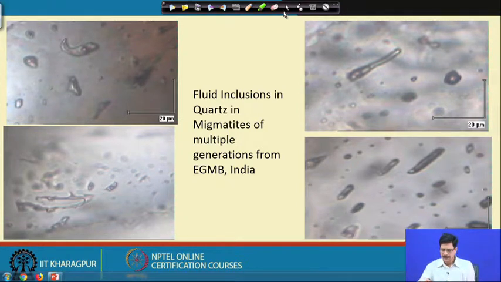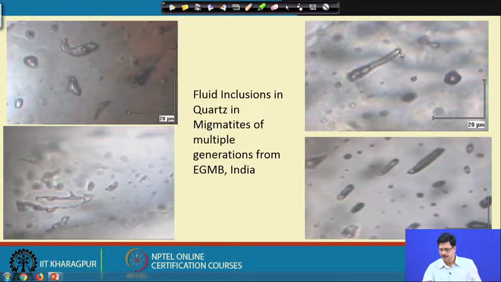And we see the same kind of situation. These are inclusions which are a little regular in shape, almost the shape of bullets, and the one which is an aqueous carbonic inclusion, which we sometimes describe as a tubular or elongated kind of inclusion, and the size we can measure.